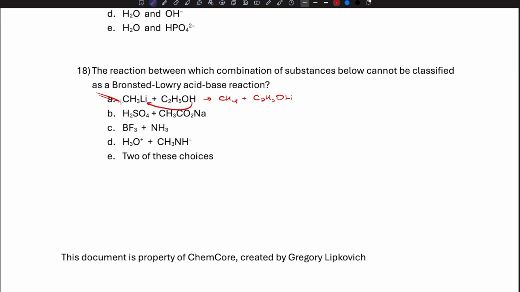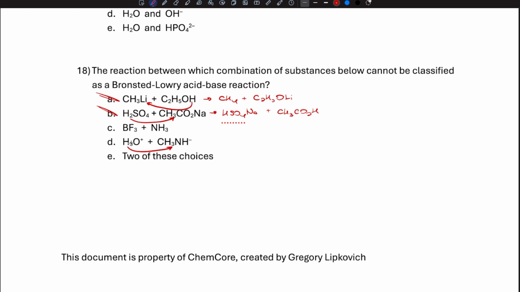Okay, H2SO4, again, you should know your strong acids by now. This can definitely donate a proton and become HSO4. There should be an Na somewhere here, usually we write it in front. And then this would become CH3CO2H. Definitely could act. And now H3O plus can definitely donate a proton. Why H3O plus?